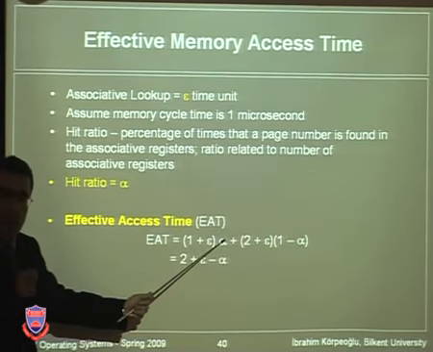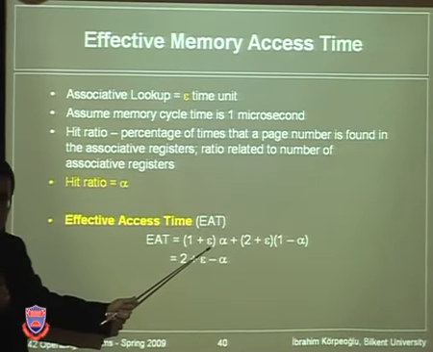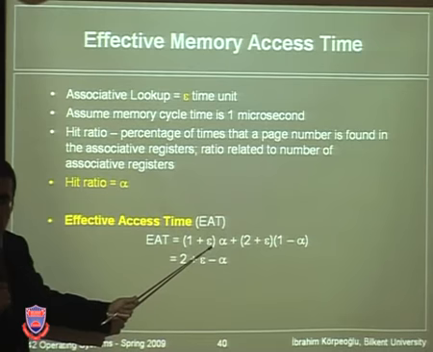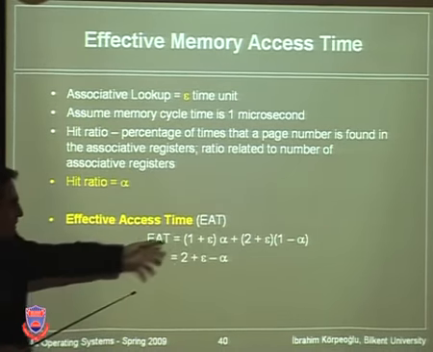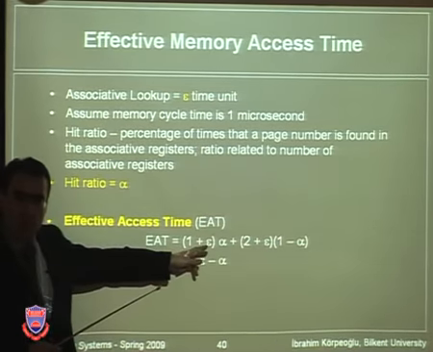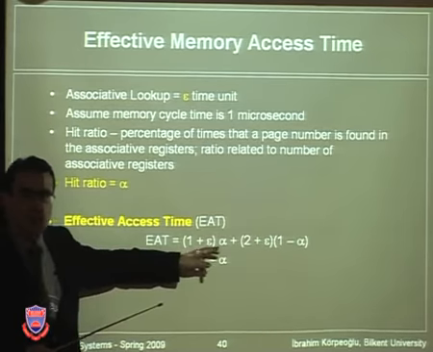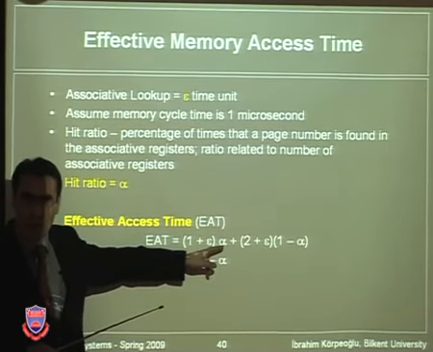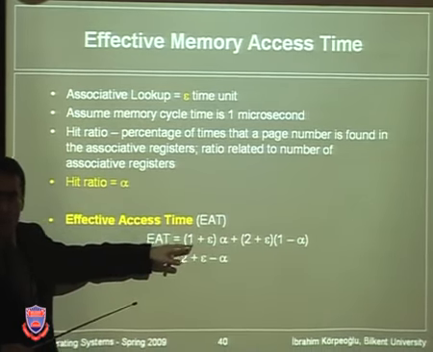You just access the memory once, 1 microsecond, plus you go to the TLB, epsilon time units, which is much smaller than 1. So the total access time will be 1 plus epsilon. How often do you observe that access time? Alpha percent of the time. So alpha percent of the time, your memory access time will be 1 plus epsilon.